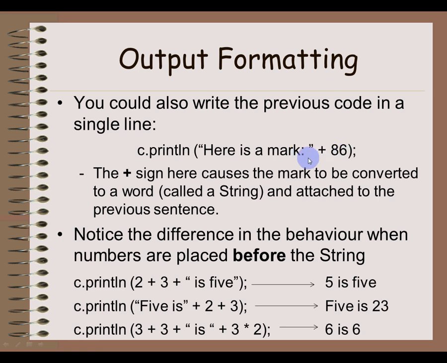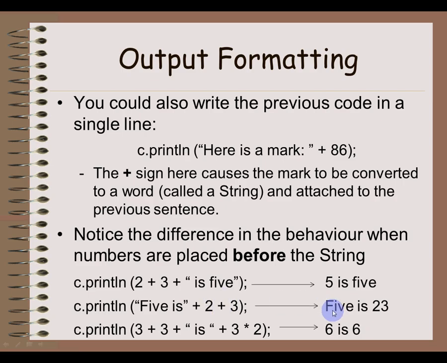Now, you need to be careful when you do this when you're working with numbers, based on whether you're putting the number before or after a sentence. You can see down below here an example. If I print 2 plus 3 plus " is 5", it's actually going to do the math here and go 2 plus 3 is 5 and go "5 is 5". Whereas if I put the numbers after my sentence, it assumes that I'm using these as words instead of numbers, so the plus becomes a symbol to join those two strings together.